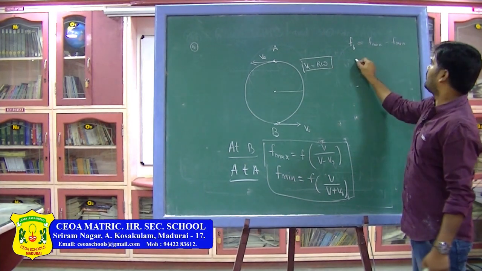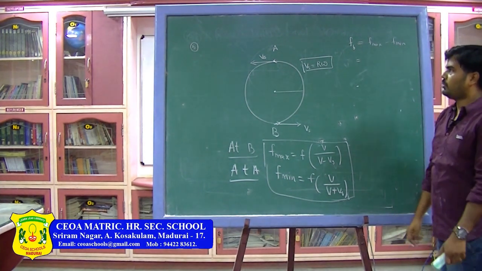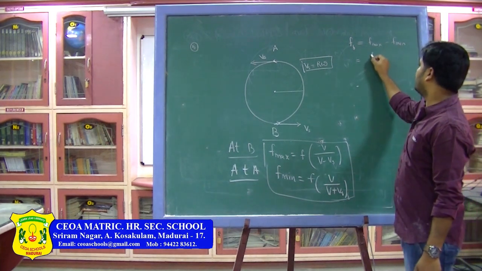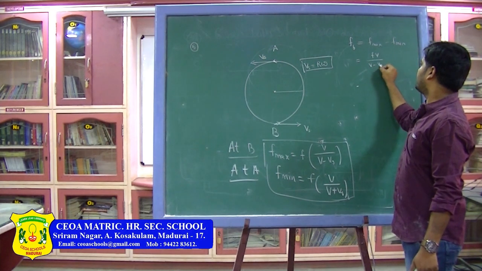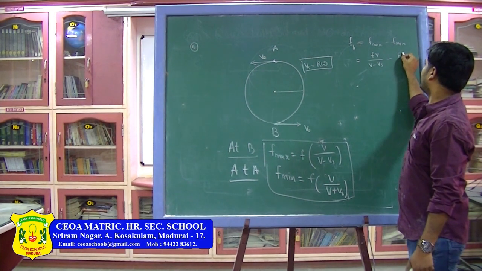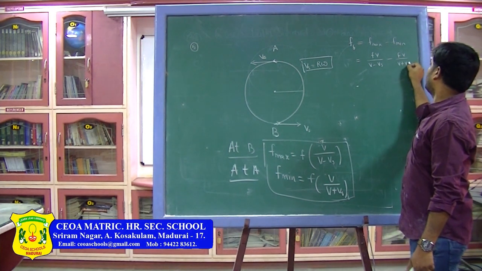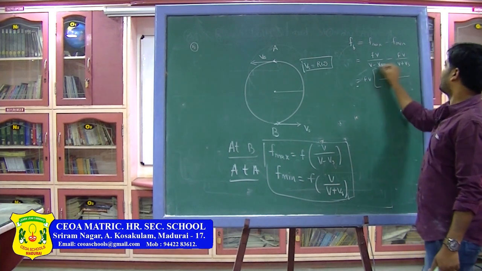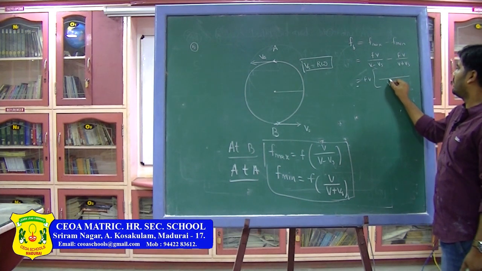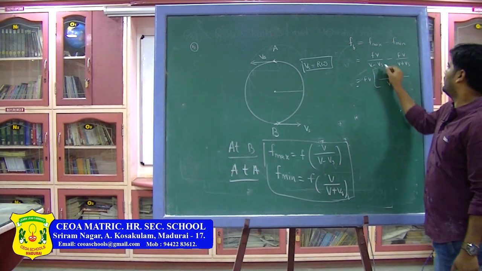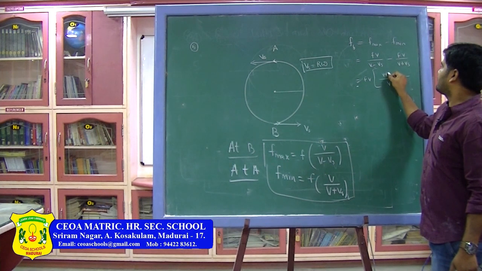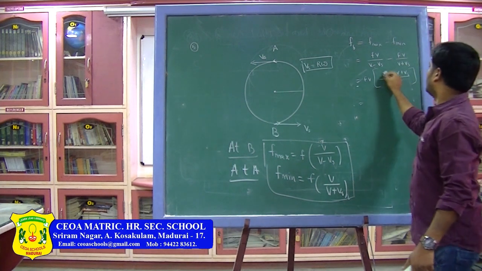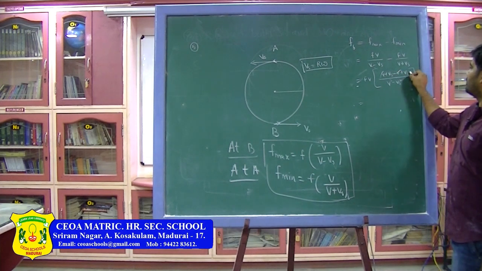That is fV divided by V minus Vs minus fV divided by V plus Vs. Taking fV common, the denominator LCM will be V square minus Vs square, and the numerator is V plus Vs minus V plus Vs. So V minus V will cancel, and Vs plus Vs is 2Vs.